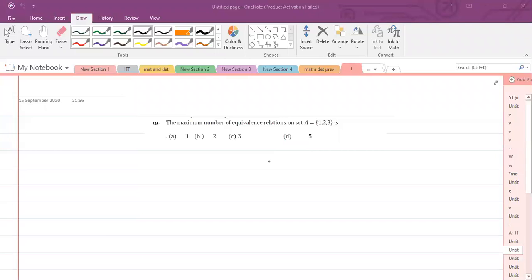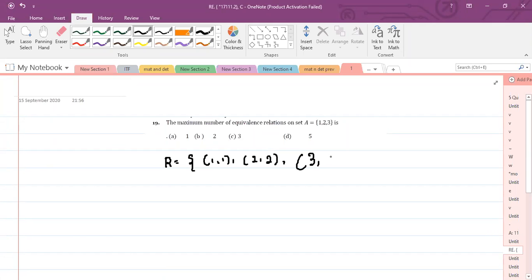Equivalence means it should be reflexive, symmetric as well as transitive. Suppose the relation R is equal to (1,1), (2,2), (3,3), then definitely it is reflexive, symmetric and transitive. So you are giving the answer as 1.